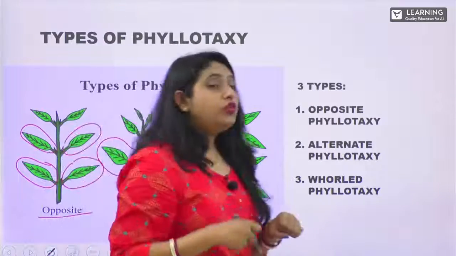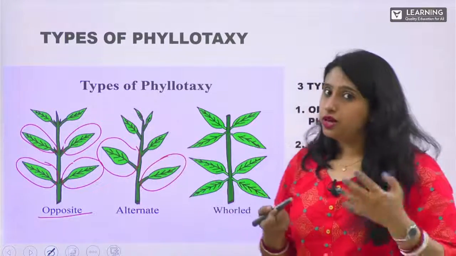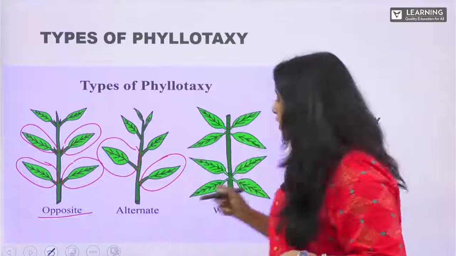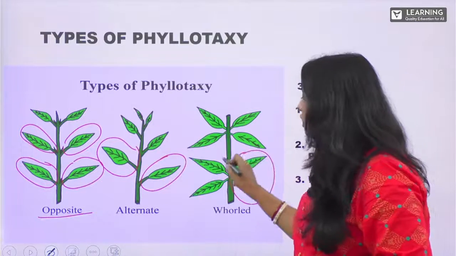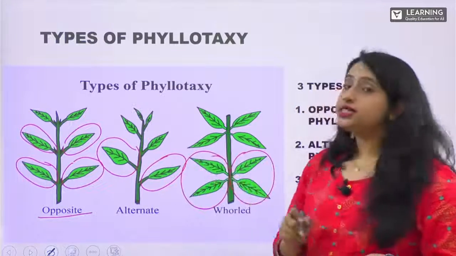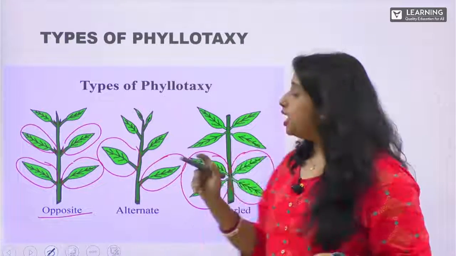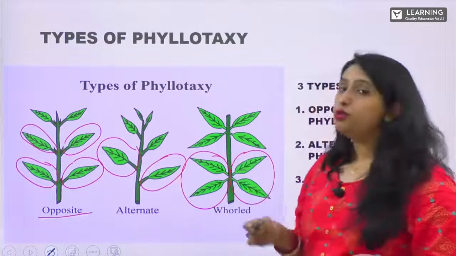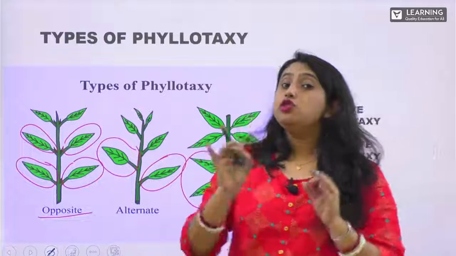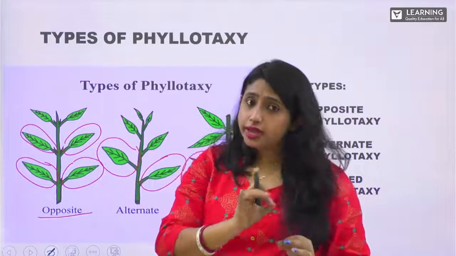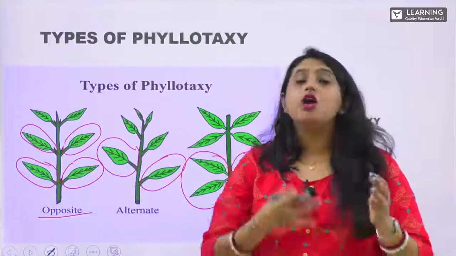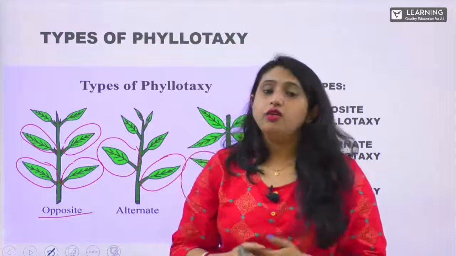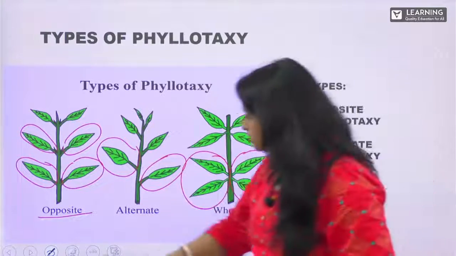Now what is this? When two or more leaves are arranged together at a point, that is called your whorled phyllotaxy. As you can see here, the two leaves are arranged together, right, on the opposite side. That is, when two or more leaves are arranged together in the stem or the branches, we call it whorled phyllotaxy.